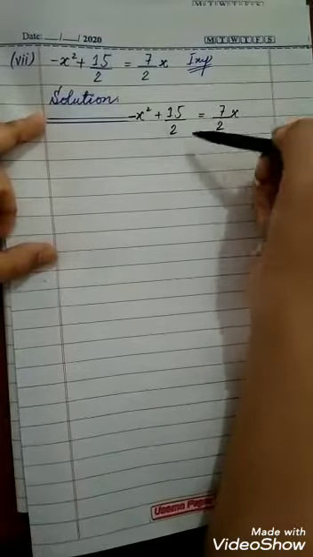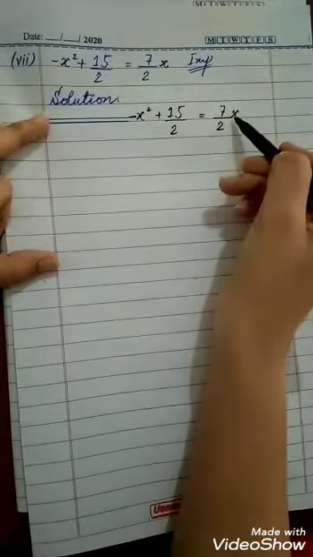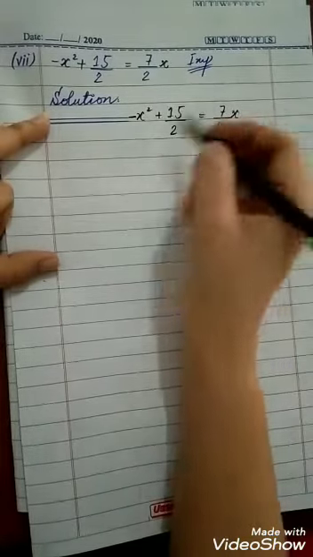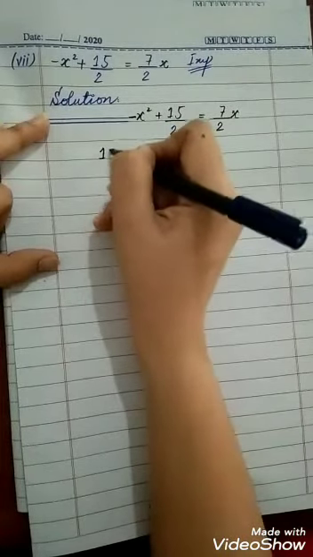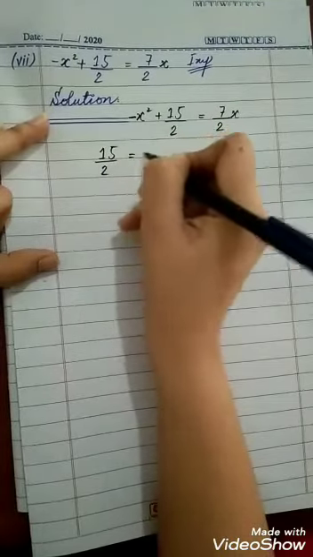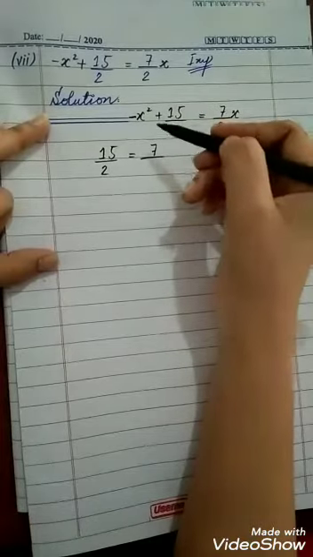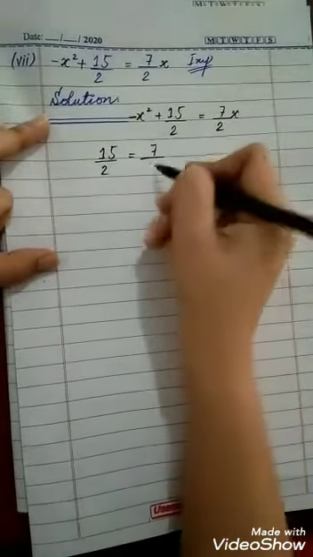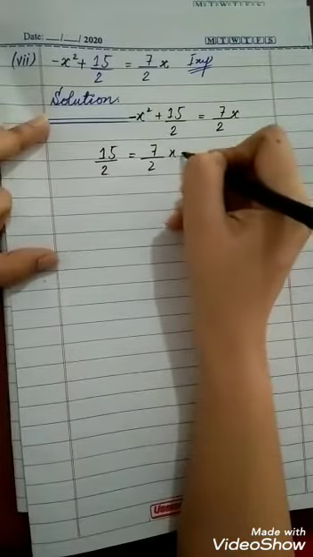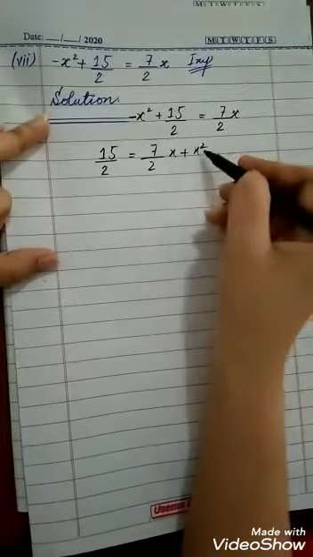So in solving the question, we have to take it to the right hand side to make it positive. So we will arrange it first to make it a general quadratic equation. You know, in a quadratic equation, first of all it should be x square, then x, then a constant and equal to 0. So we have taken 7 by 2 x plus x square here.